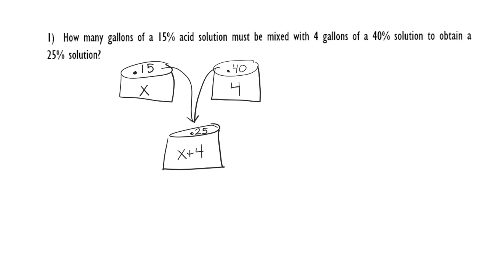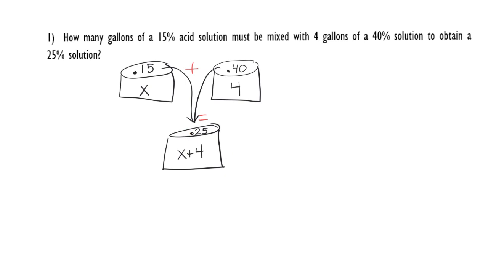These problems all kind of set up the same way in that you're going to have these 3 buckets. You're always going to add the top 2 buckets, set it equal to the bottom bucket. It's just about a variation of where that X ends up going on these. Now, when we set up our equation, you're always going to multiply. So I multiply my percent times my amount.